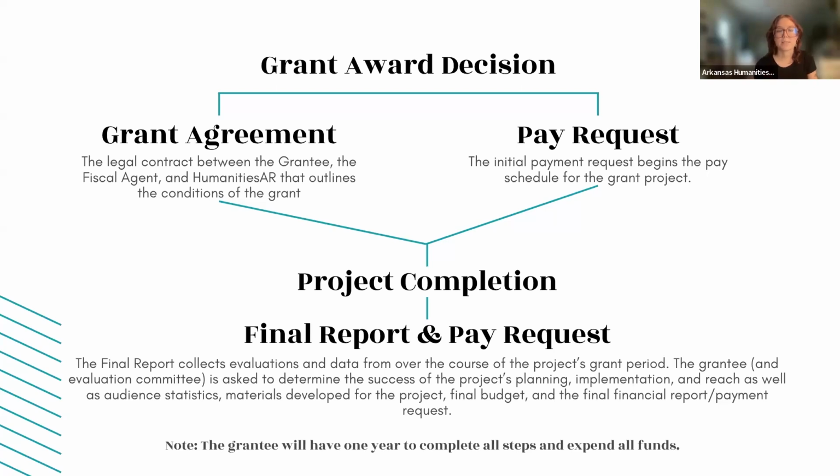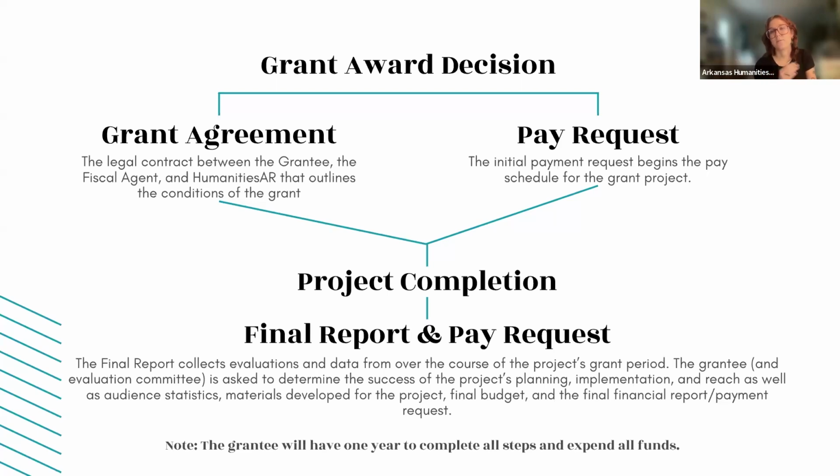The pay request is you initiating us to disperse that first payment to you. This document will be signed by you as a project director or you as the fiscal agent to get that process started. You will then submit more paperwork after your project is completed.